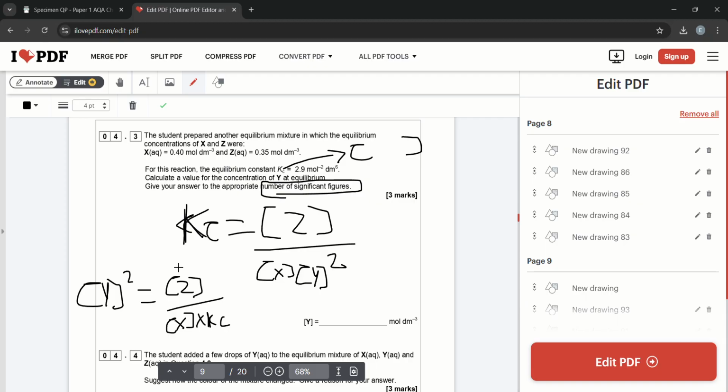Now what we can do is just substitute values in. So Y squared equals what we're working with, the concentration of Z, 0.35. It tells in the question these are equilibrium concentrations, so the concentration 0.35 over X equilibrium concentration 0.40 times by Kc 2.9.